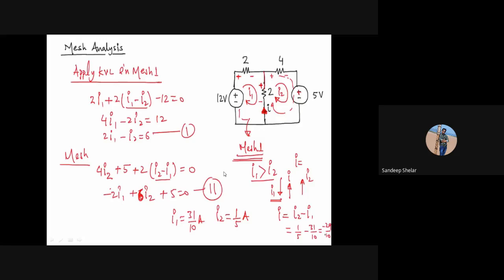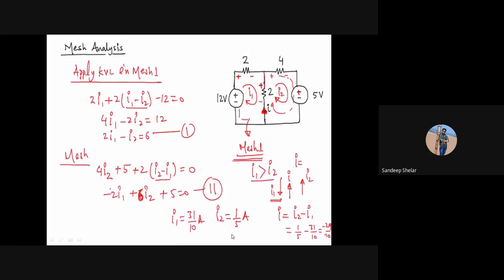Now from equations 1 and 2, obtain the two values of current: I1 is equal to 31 upon 10 ampere and I2 is equal to 1 upon 5 ampere. We observe that the current I1 is greater than I2 because the voltage 12 volt is greater than 5 volt.